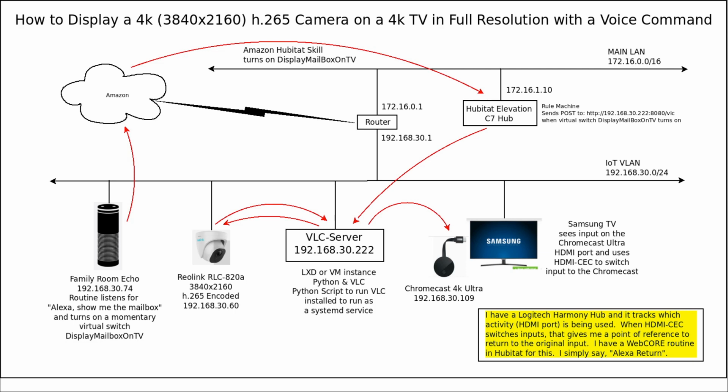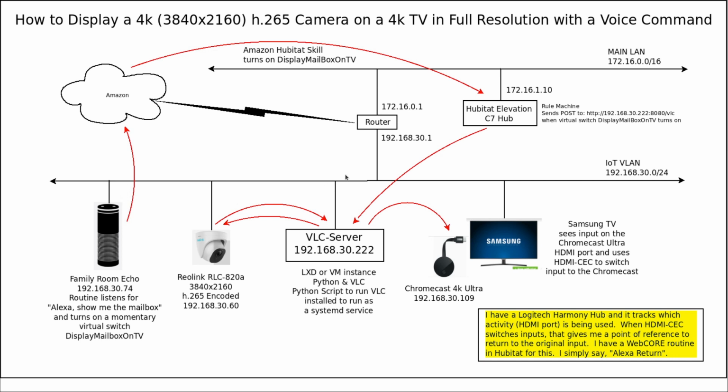Here's a diagram describing how I displayed a 4K 3840 by 2160 H.265 camera on my 4K TV in full resolution with a voice command. I basically have an IoT network.